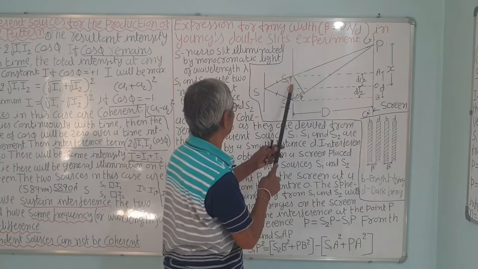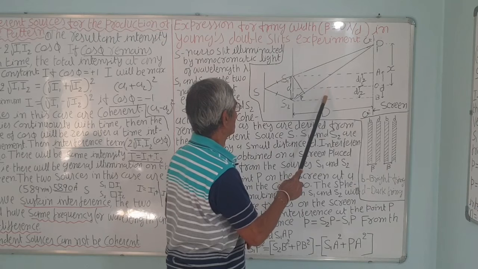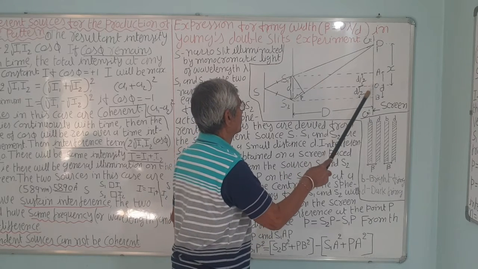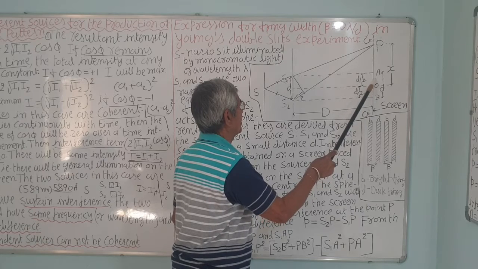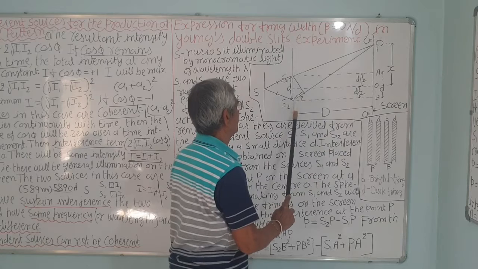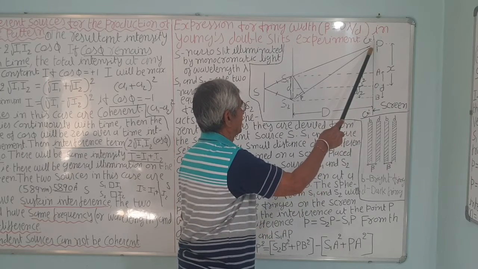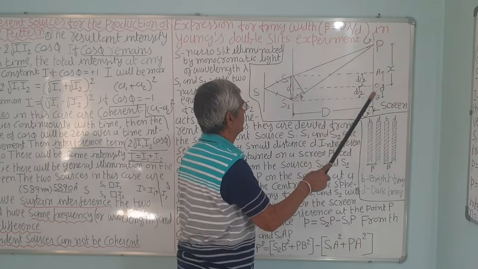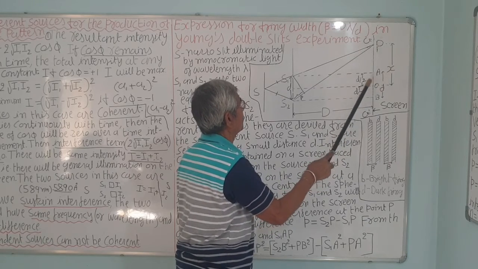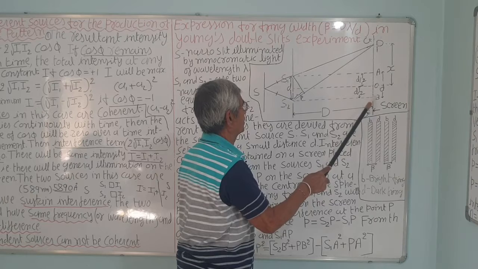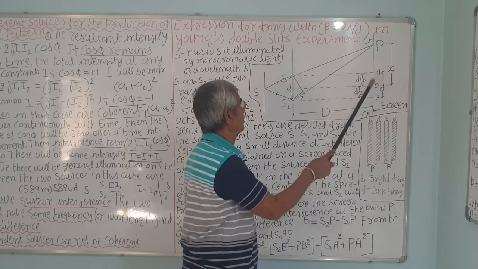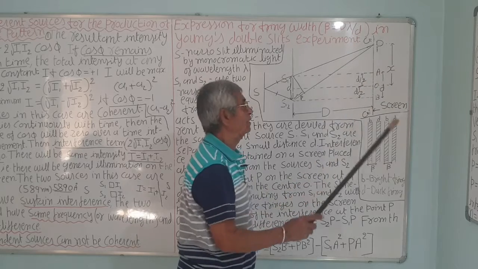The slit distance is d, and this is equidistant, so AO is d by 2 and BO is also d by 2. So BP square is x plus d by 2 whole square.